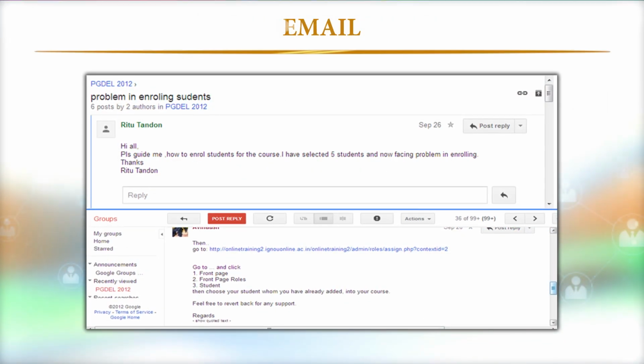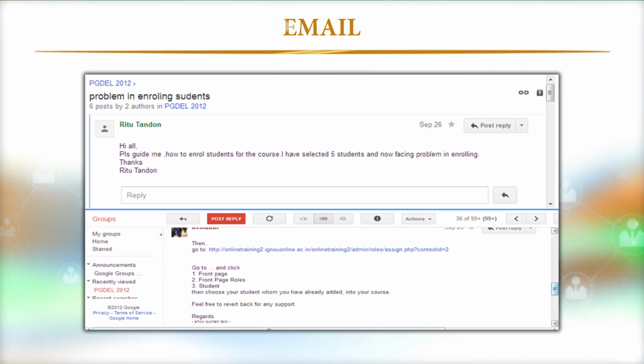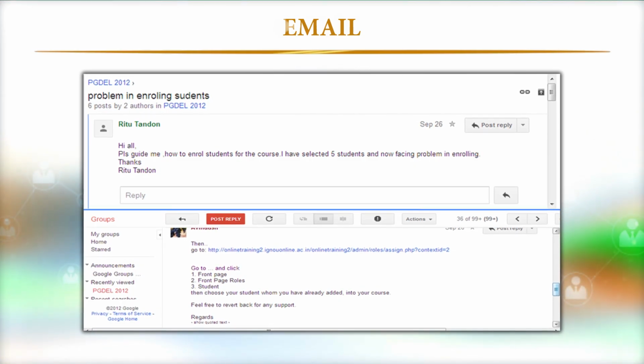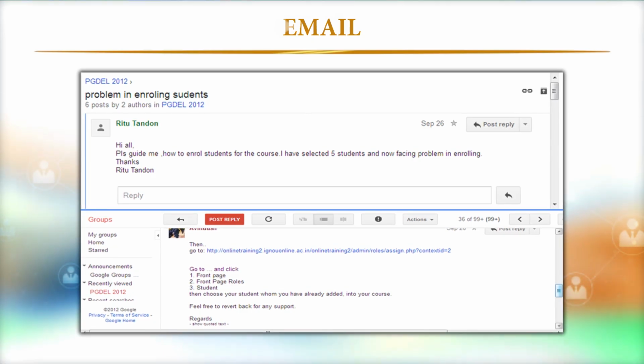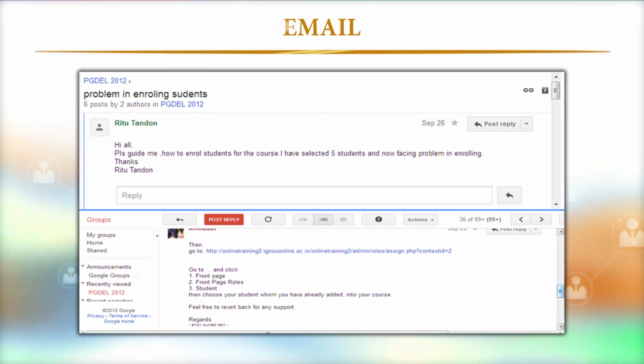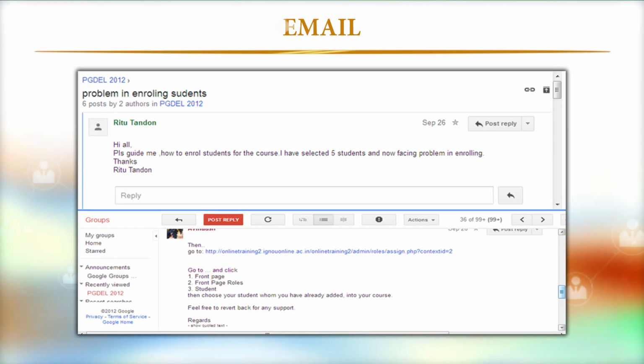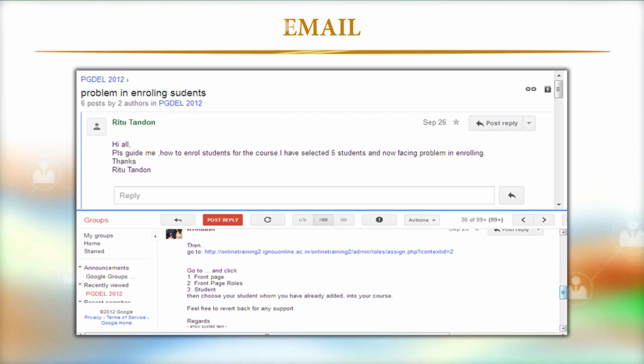Email is also one of the asynchronous learning tools, where we can communicate with the student, and get a reply from the learners or from the facilitator in order to get the information.